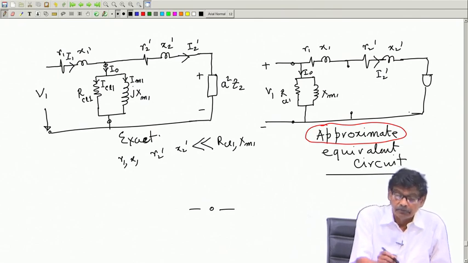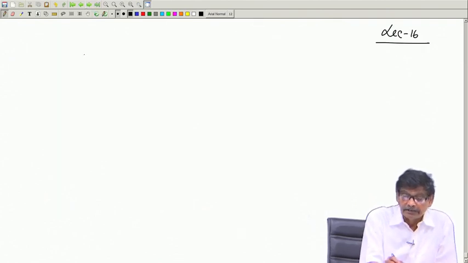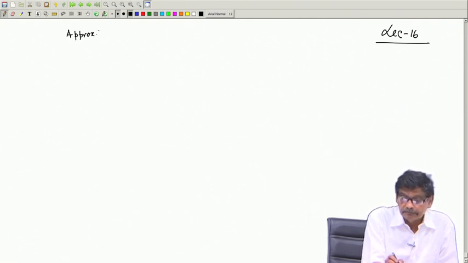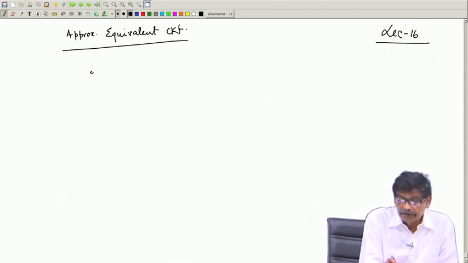So, what will happen is this, the equivalent circuit can be further simplified. So, approximate equivalent circuit, referred to primary, it will then boil down to this one.